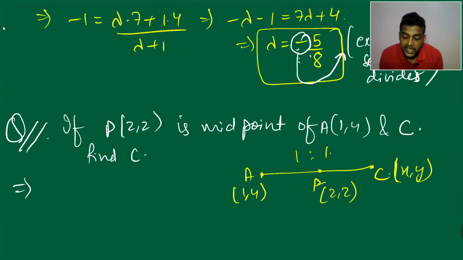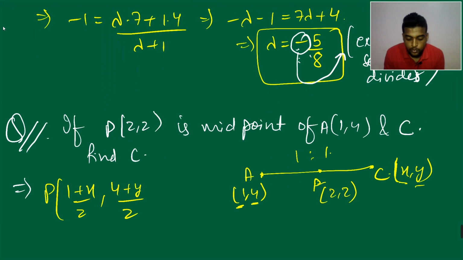If P is the midpoint of AC, what can we say about P? The coordinate of P is ((x1 + x2)/2, (y1 + y2)/2), so ((1 + x)/2, (4 + y)/2). This is point P. But what we have been given is P as (2, 2).